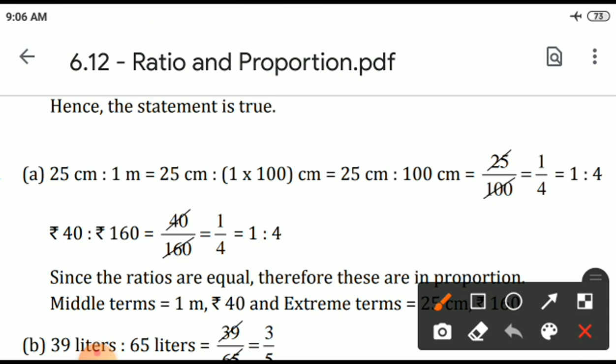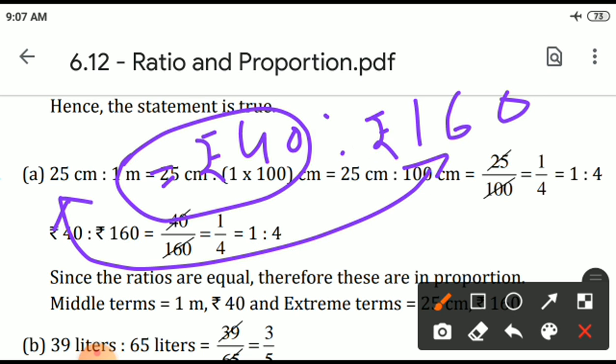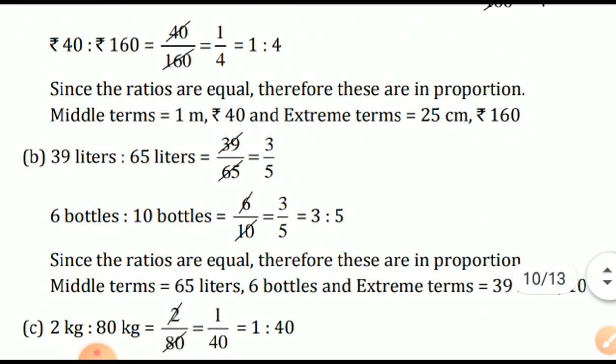See it is written here clearly 25 सेंटीमीटर्स, 1 मीटर्स, कहाँ पे लिखा है बेटा, उसी के हिसाब से आपको लिखने का है, इज इक्वल टू ₹40 इज टू ₹160 बेटा, बराबर है। तो जो मिडल की दो टर्म है उसको बोलेंगे हम मिडल टर्म्स 1 मीटर एंड ₹40, और बाहर की साइड की जो दो टर्म्स है उसको बोलेंगे हम एक्सट्रीम टर्म्स, बराबर है। ये मिडल टर्म हो गई बेटा MT एंड दिस इज XT, ET का मतलब है एक्सट्रीम टर्म, बाहर की साइड की दो टर्म है उसको बोलेंगे 25 सेंटीमीटर एंड ₹160, इज इट क्लियर, वेरी गुड बेटा, नाइस.